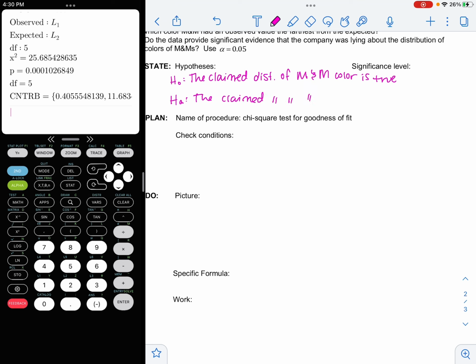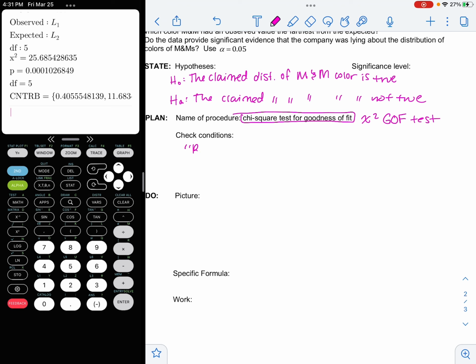Remember, I'm just going to use these ditto marks for sake of time, but don't use the ditto marks on your test. All right, here is the name of our test, which we can simplify to chi-squared GOF test, goodness of fit. And we check our conditions.